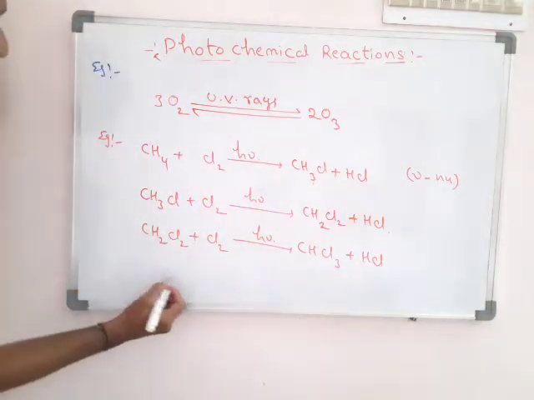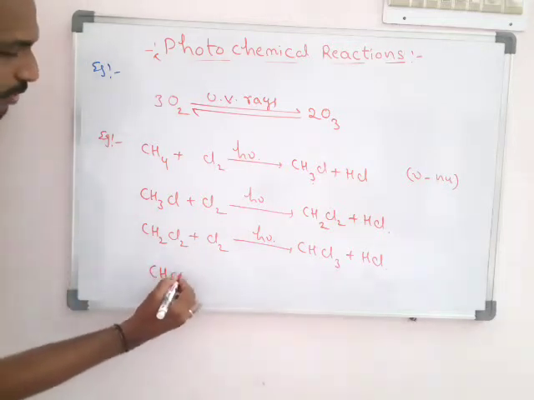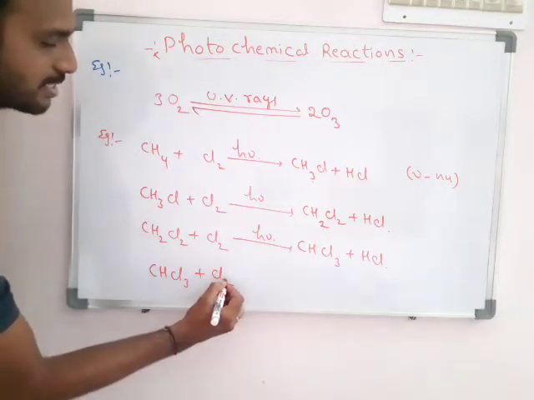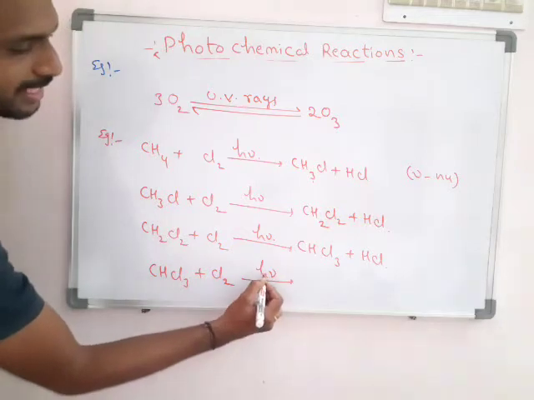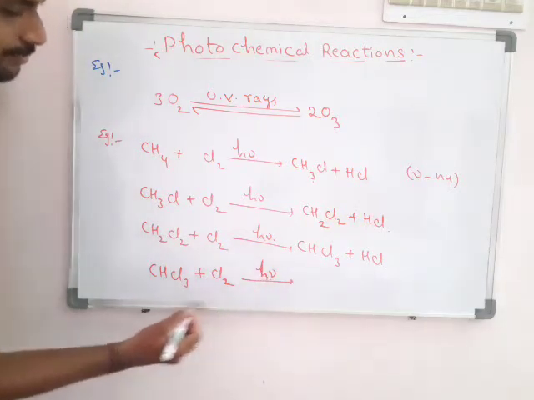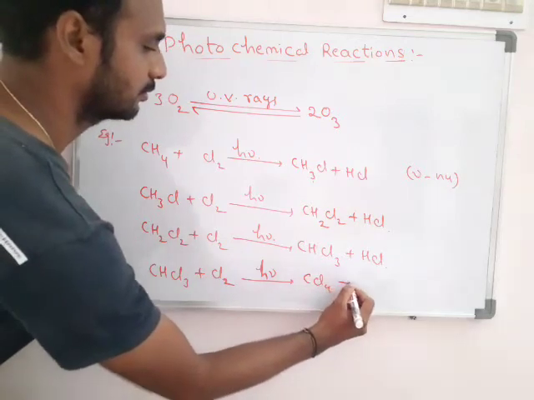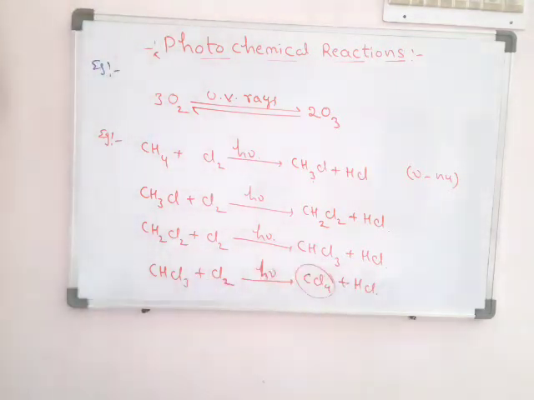So again the chloroform. This is called chloroform. If it is present in the presence of sunlight, the reaction takes place continuously. So this is the final product in this reaction.